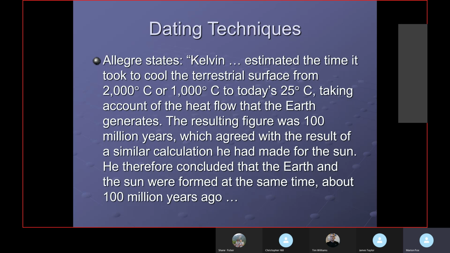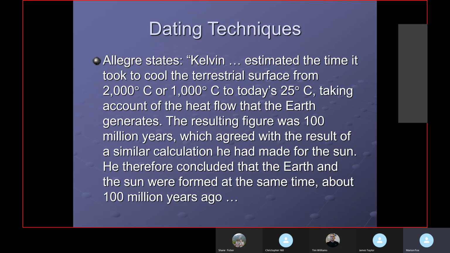Allegre states, "Kelvin estimated the time it took to cool the terrestrial surface from 2,000 degrees Celsius or 1,000 degrees Celsius to today's 25 degrees Celsius, taking account of the heat flow that the Earth generates. The resulting figure was 100 million years."